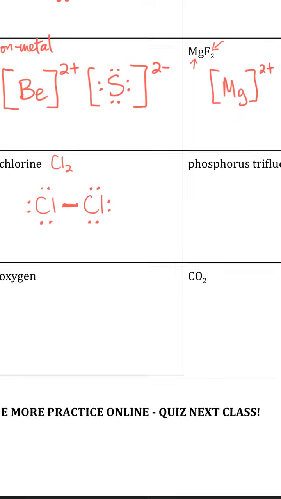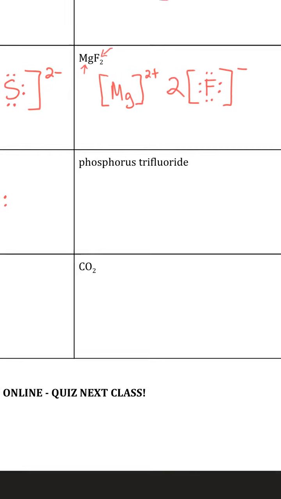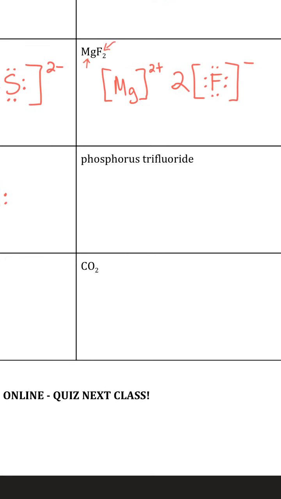Okay, so let's take a look at phosphorus trifluoride. Anytime you have a name that includes those Greek prefixes like tri, di, mono, you know that it's a covalently bonded compound because that's just how you name it. Plus, you can look at phosphorus and fluoride, and both of those are on the right side of the periodic table.